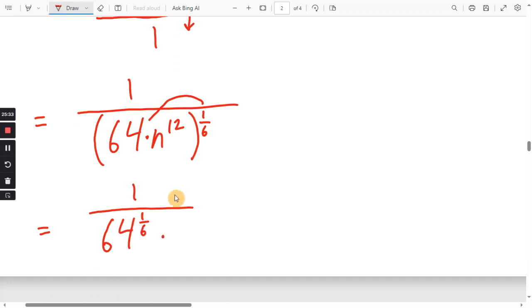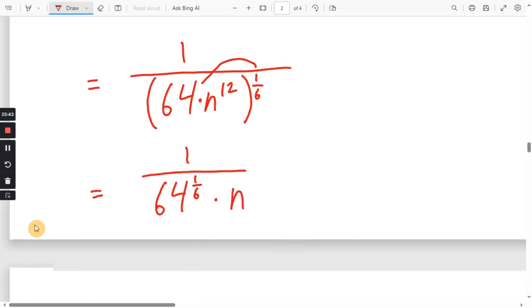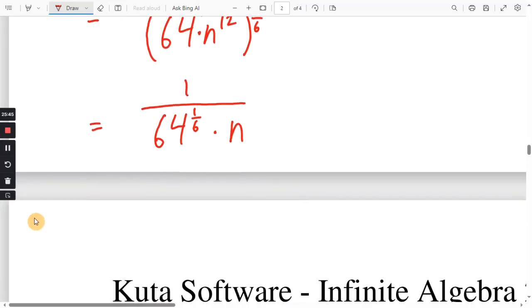And let's see, we have n. And remember, when you have something with an exponent raised to an exponent, they get multiplied, right? Like if you have, I'll write it off on the side here, x to the power of a and you raise that to the power of b, that's the same as x to the a times b.